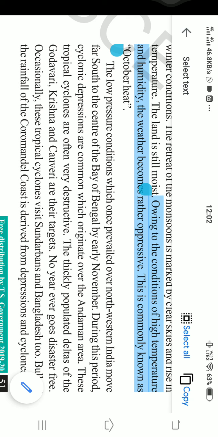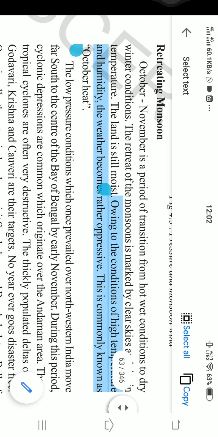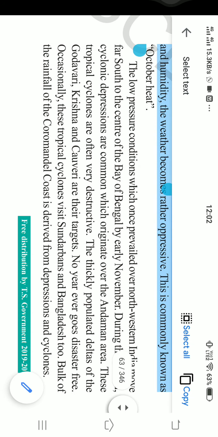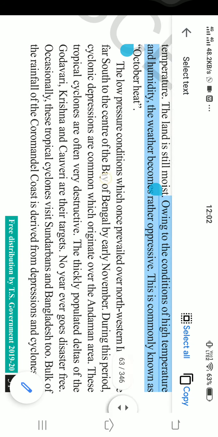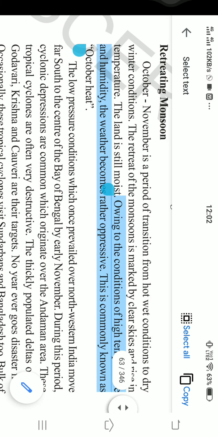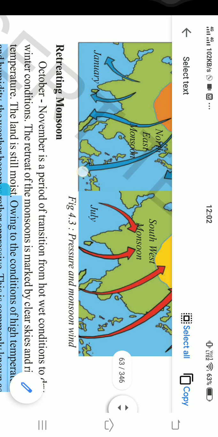In that period, hot, wet conditions transform to dry winter conditions. By that time, high temperatures and high humidity make us feel very oppressive. So this is called October heat. Understand? So in the winter season, that is retreating monsoons.